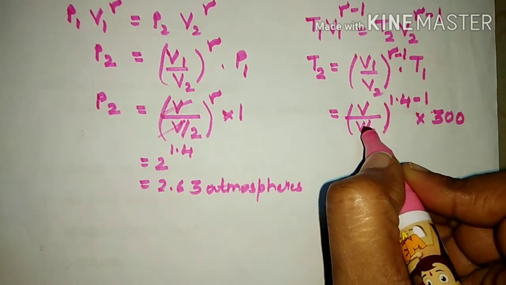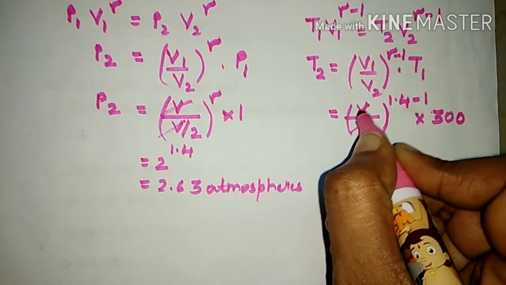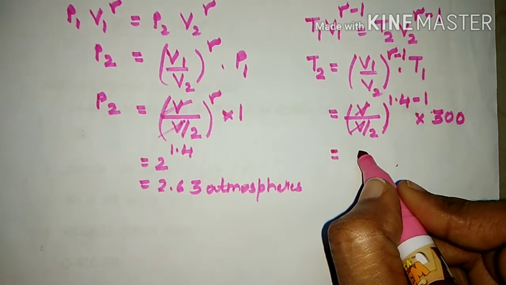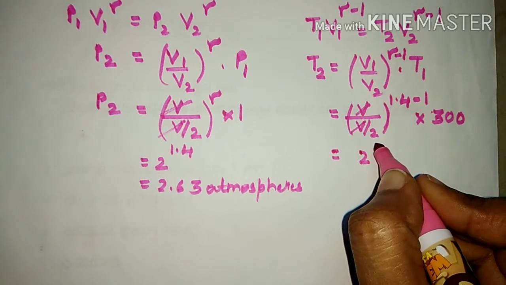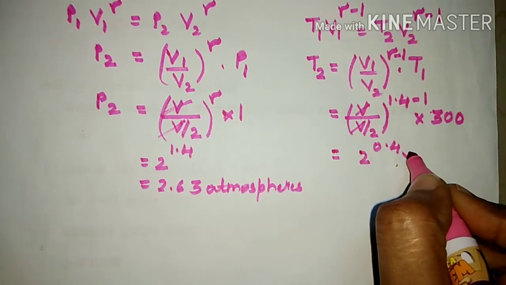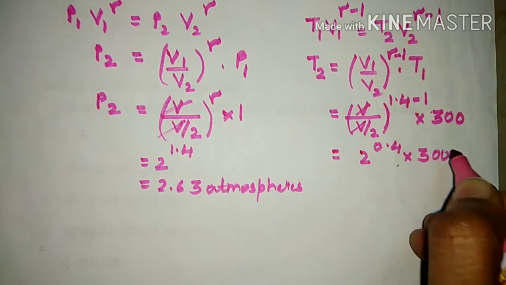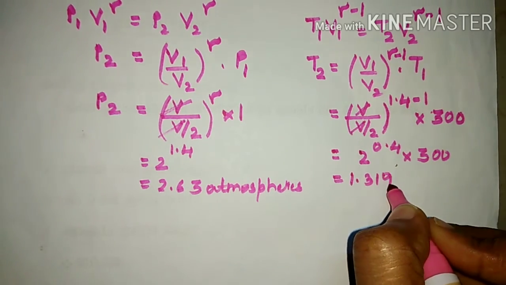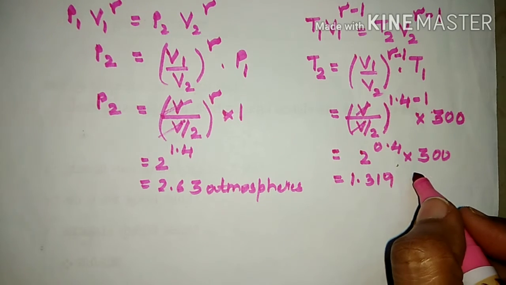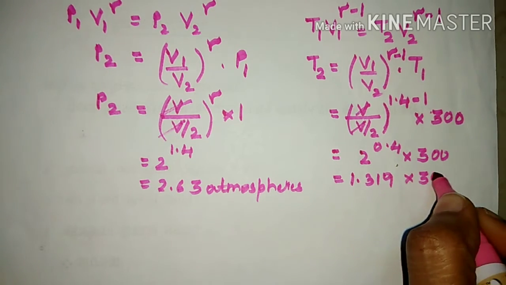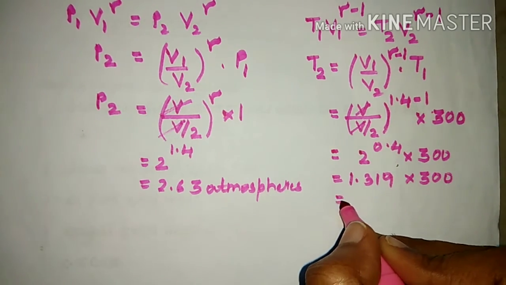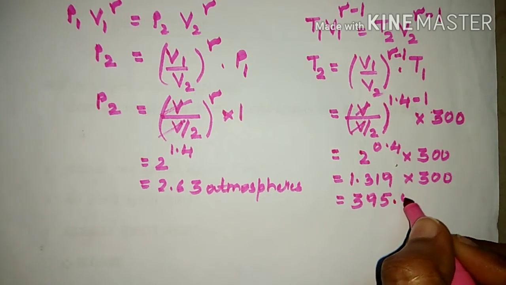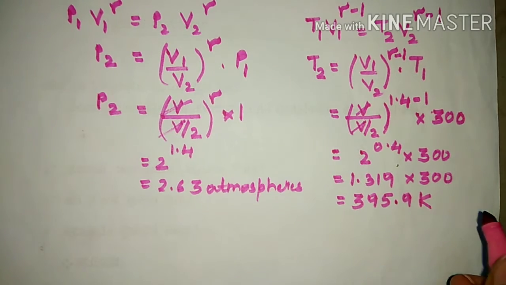Here we will cancel out, so you get 2 in the numerator, so 2 raised to 0.4 into 300. 2 raised to 0.4 is 1.319 into 300, so this is equal to 395.9 Kelvin.